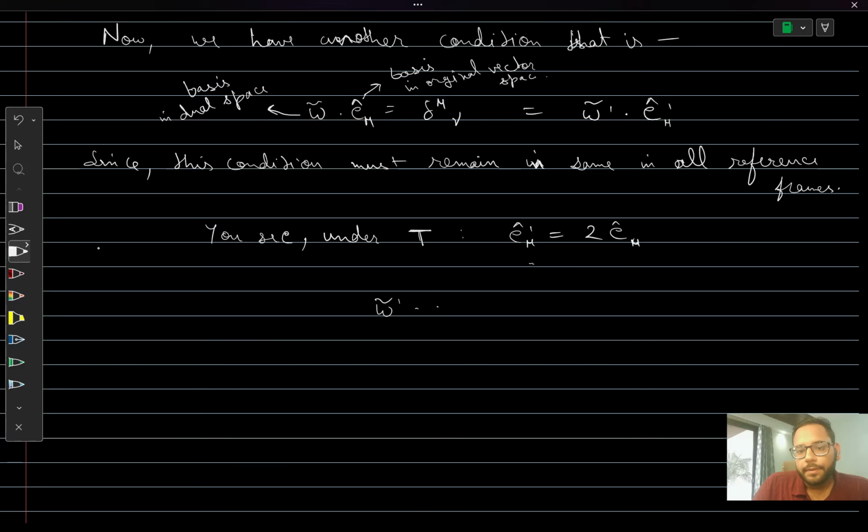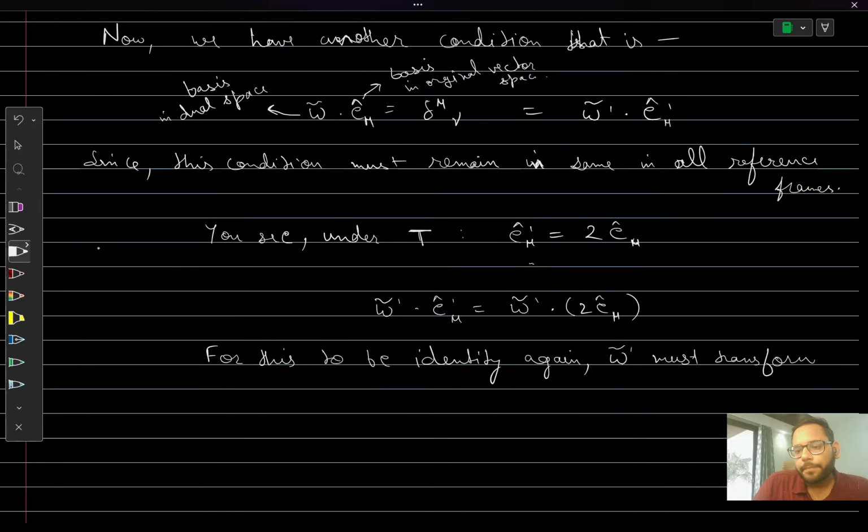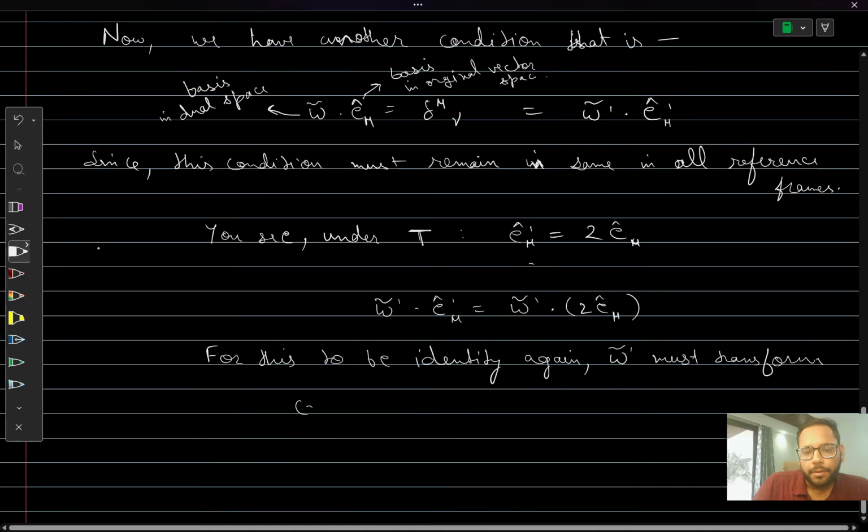That will equal, so for this to be identity again, omega, or say this basis, must transform again contravariantly.